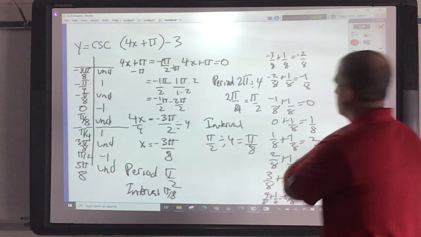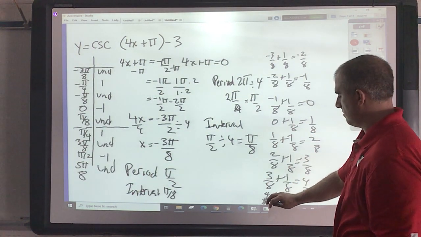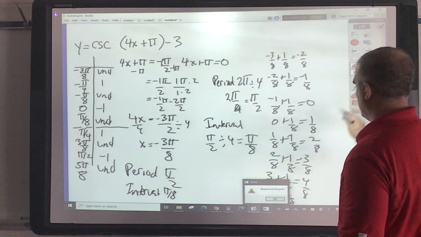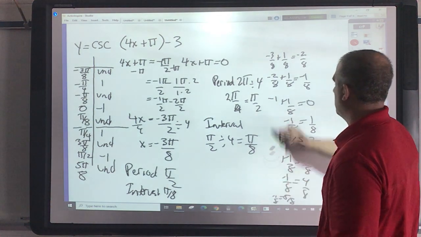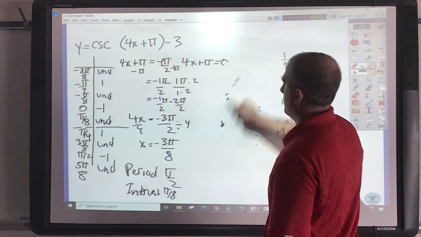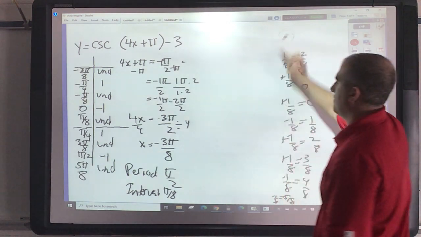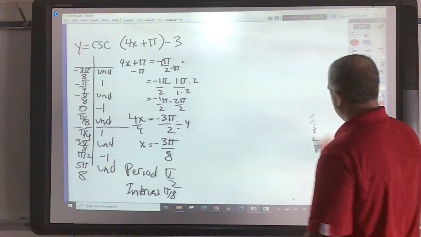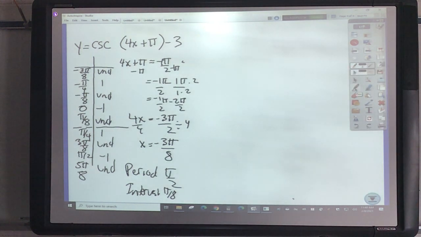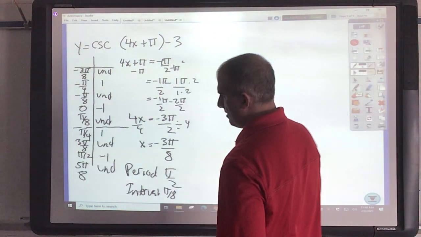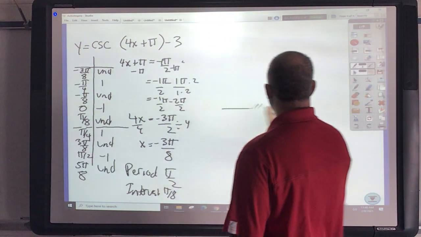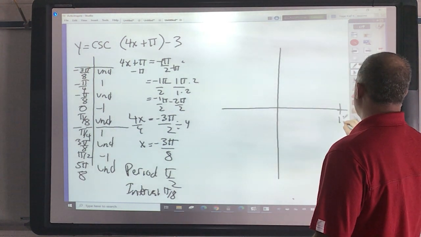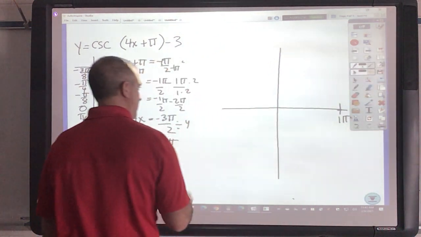All right. So let me go ahead and erase a lot of this stuff here, at least the fractions. My phase shift there was negative pi over 4. Okay, so I'm not even to really 1 pi here, so let's just make this easy. We'll put this as 1 pi, and let's go to the other end of the spectrum.